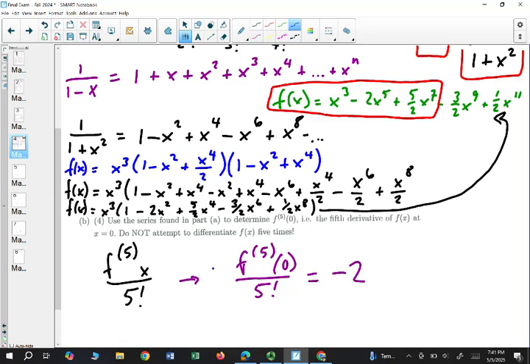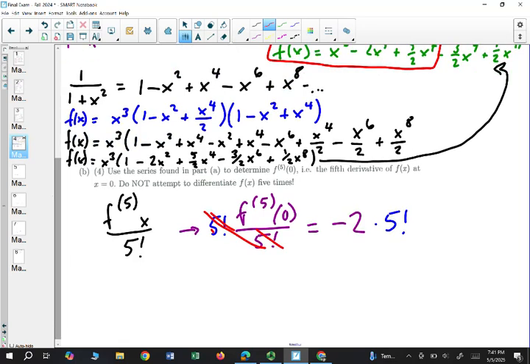Okay, so if we set that up like that, and now we just kind of rearrange this, multiply by 5 factorial, both sides. Okay, that'll allow us to cancel. And so now we have our fifth derivative, I should say, at 0 equal to -2 times 5 factorial.